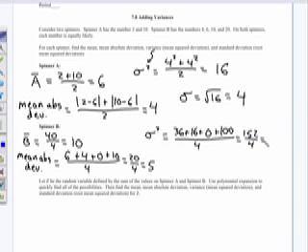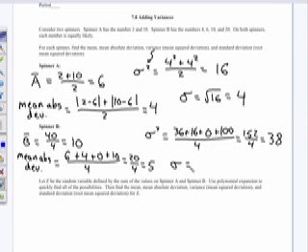152 over 4, and you get 38. Okay, so we get the variance, 38. The variance is sigma squared.